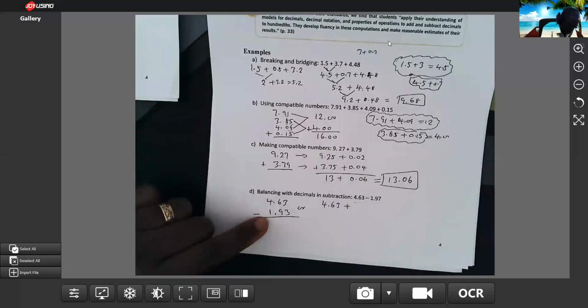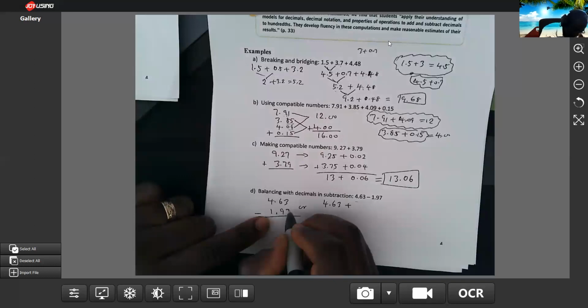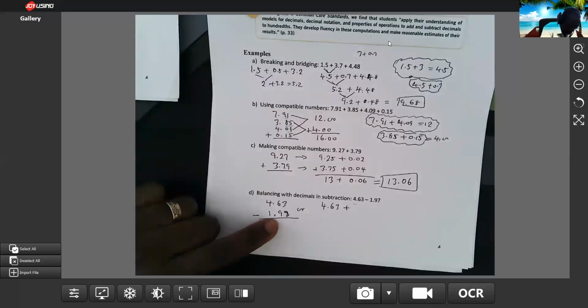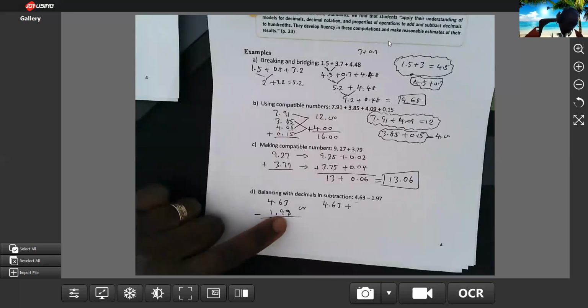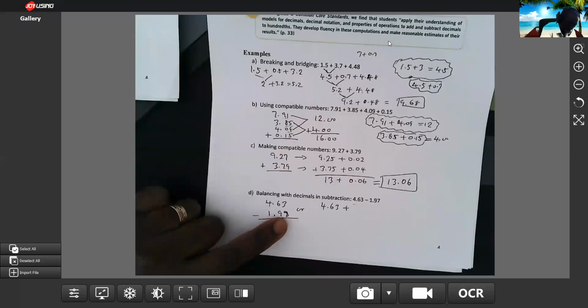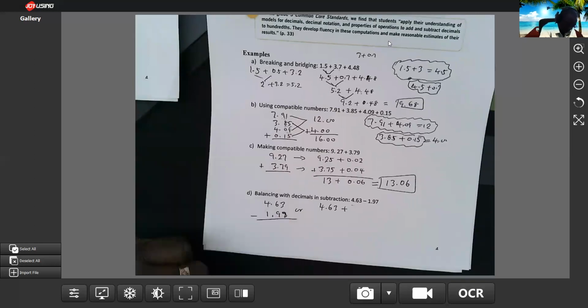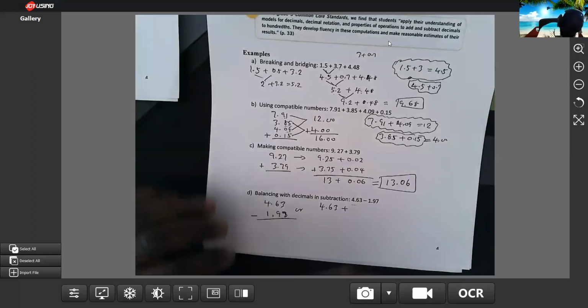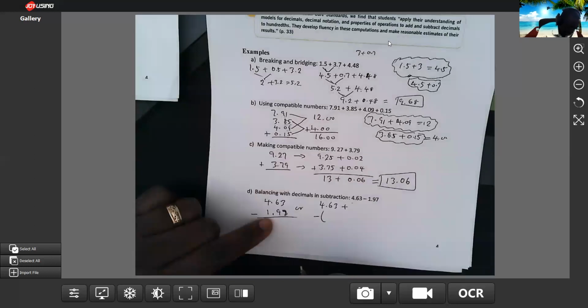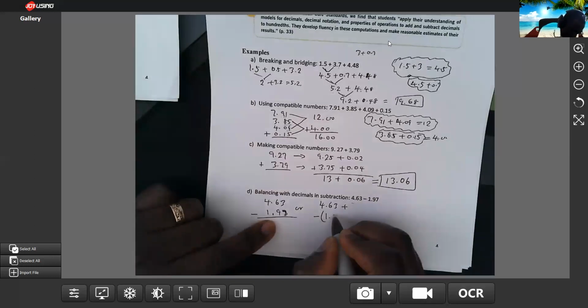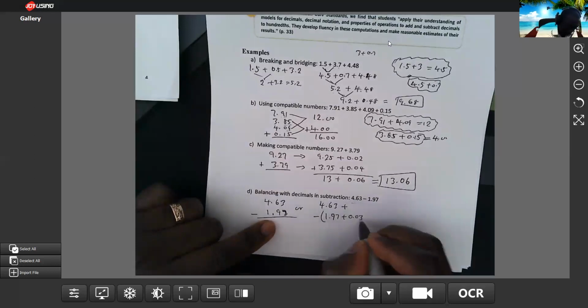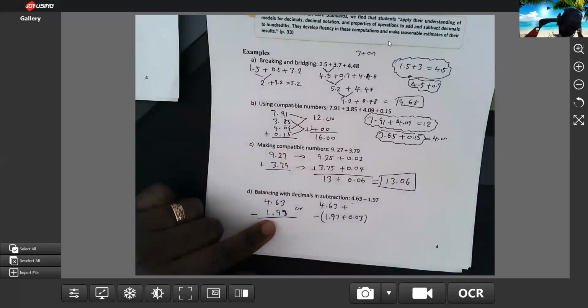If I add, so 1.97, not 1.93. If I add 0.03, not 0.003, I know that is going to be a 2. And if you have 1 plus 1, that will be 2. So it will be easy. So I'm going to break that, add something to that, equal addend. So that is 1.97 plus 0.03. Okay, and then I add the same to the what?